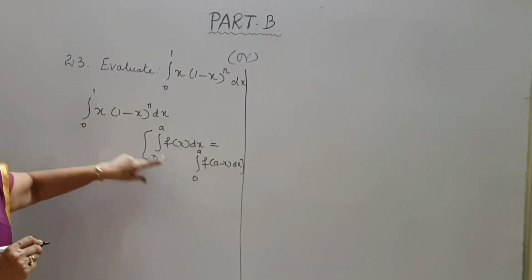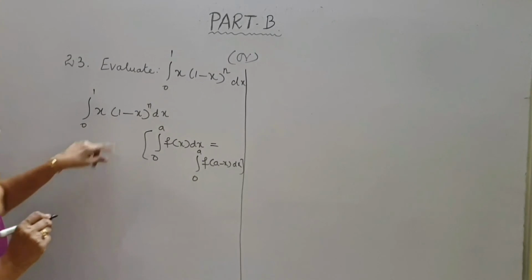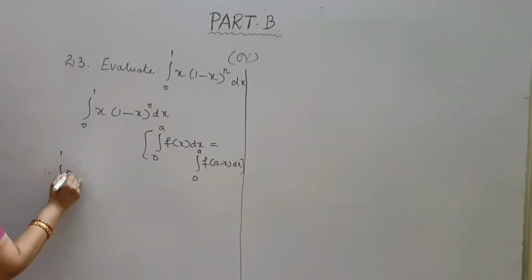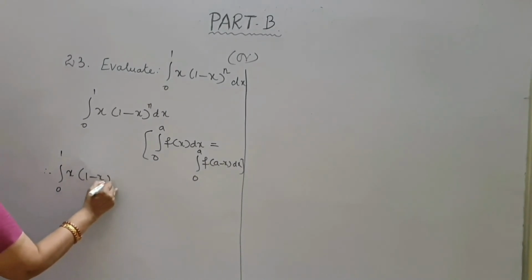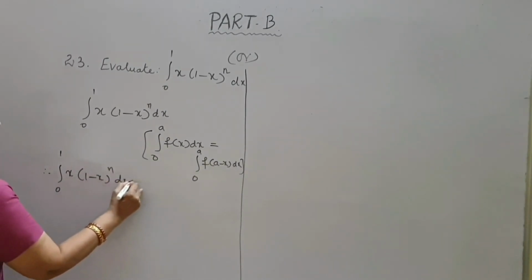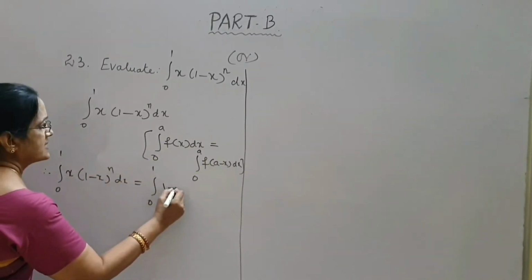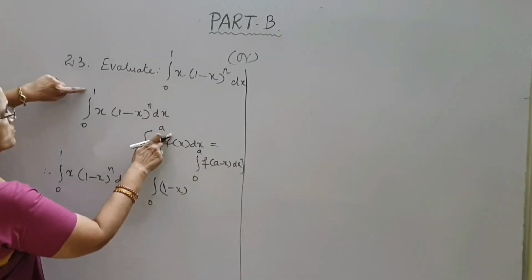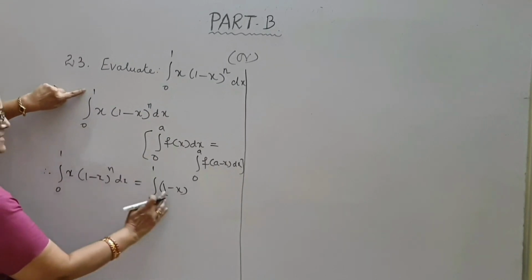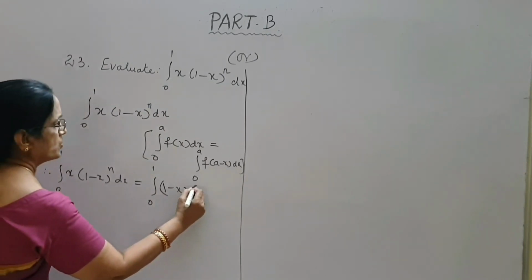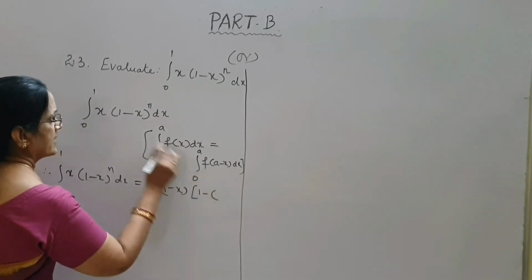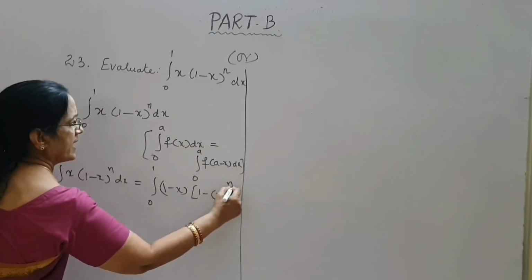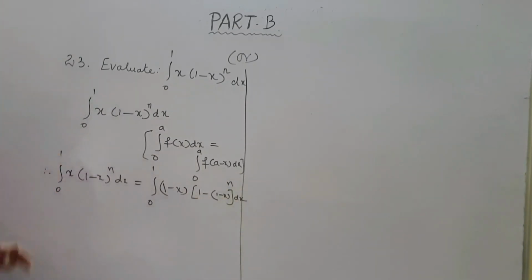Using this property, I can write this integral, integral 0 to 1 x into 1 minus x the whole power n dx, as, see a minus x, a here is 1, so x I am writing it as 1 minus x into 1 minus, again x is written as 1 minus x, the whole power n dx.